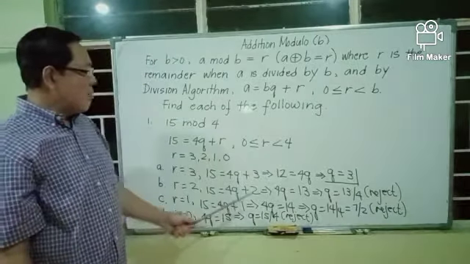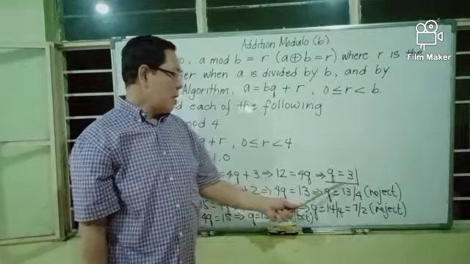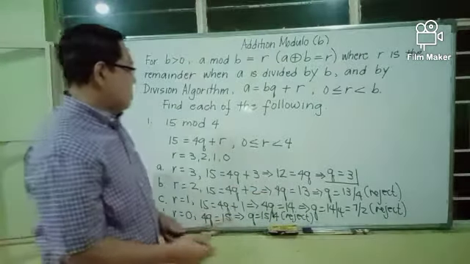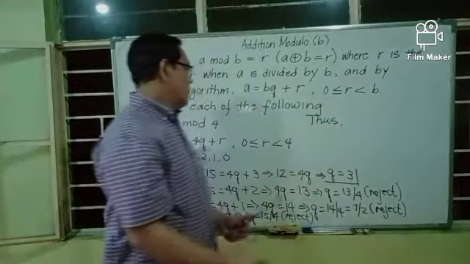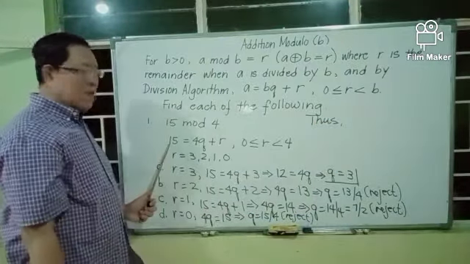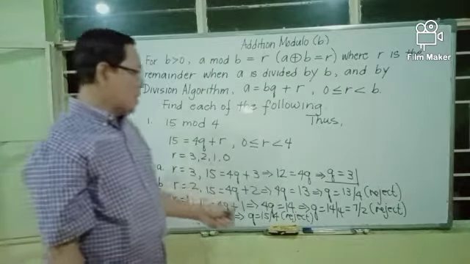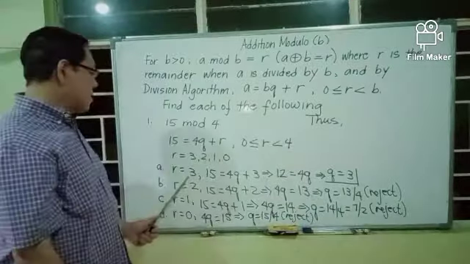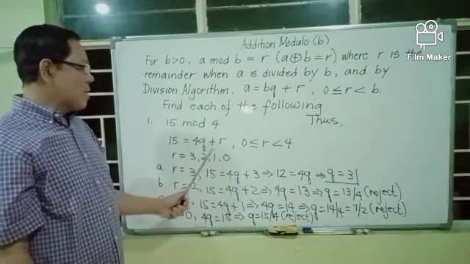Hence, there is only one possible quotient that is an integer, 3. And 15 is now equal to 4q plus r, where q is 3 and the remainder is 3. 15 equals 4 multiplied by 3 plus 3.